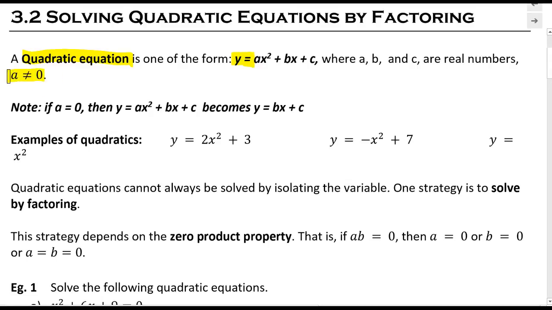Now the reason that needs to happen is because anytime you multiply by 0, the whole piece that you're multiplying becomes 0, and so all of a sudden this term ax squared becomes completely negligible, and we're left with y equals bx plus c.